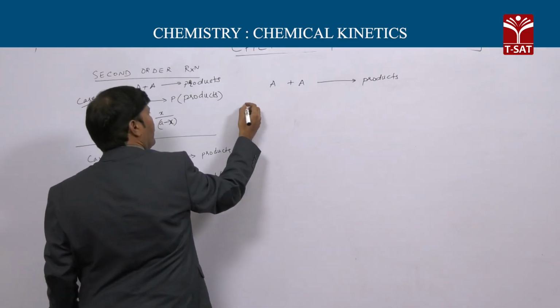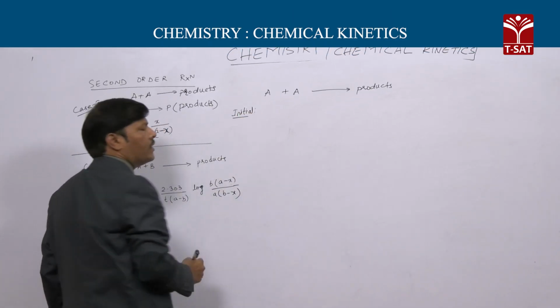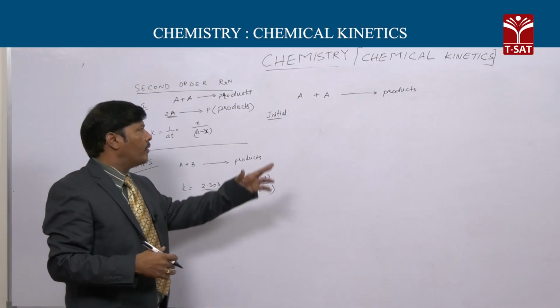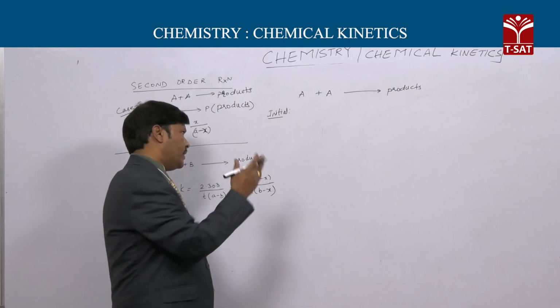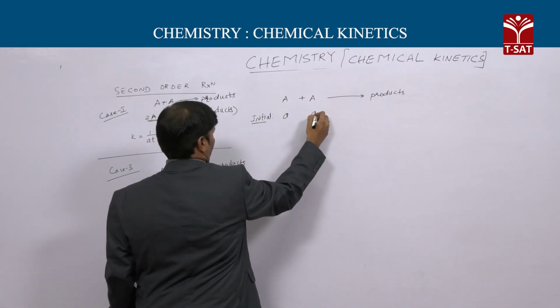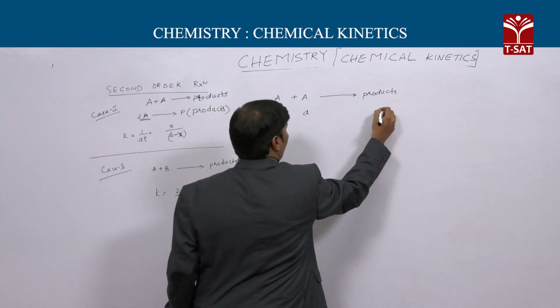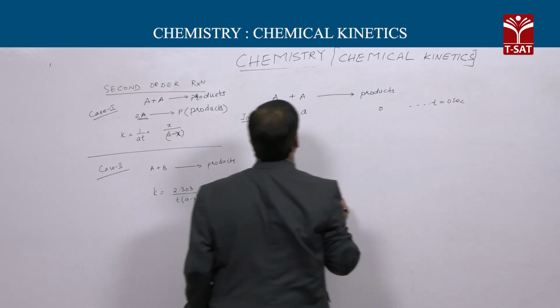it means that initially, let the initial concentration for both the reactants, which are two same reactants A and A, be a moles per liter and a moles per liter. No products have been formed when the time is equal to 0 seconds.